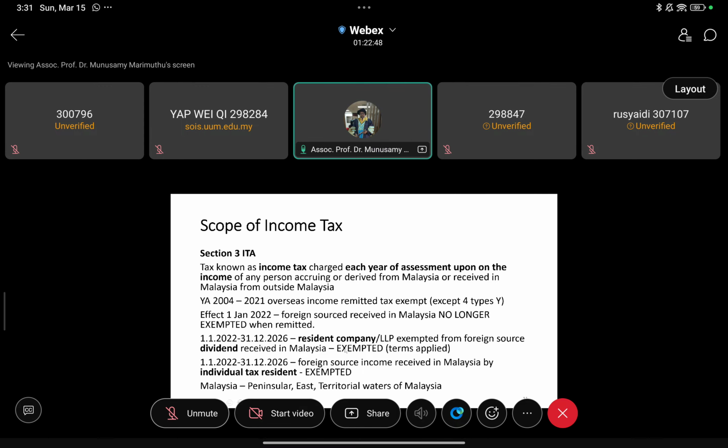Simple. I can draw this more simply for you later, maybe next class, I'll put it nicely for you. For the time being, just assume that for a resident company or Malaysian individual, income accrued and derived from Malaysia is taxable. Foreign income received by an individual is exempted. For a company, only dividend is exempted. The rest is taxable. This is another important exam question.